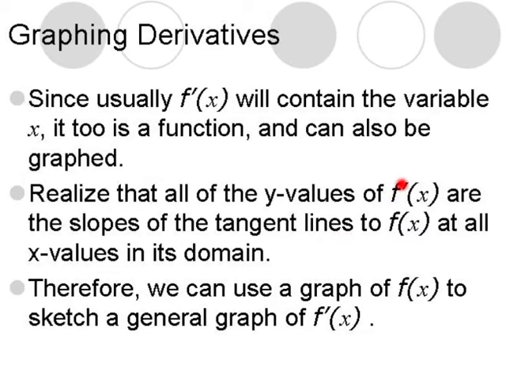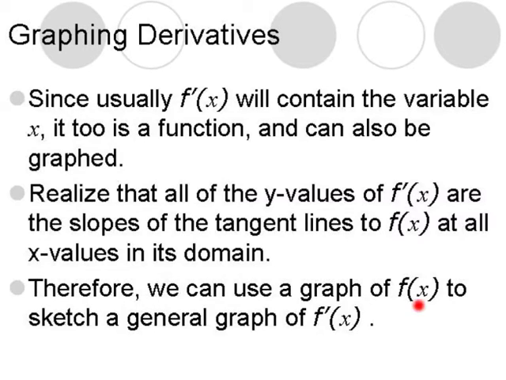If I get f prime of negative pi, then I'm getting the slope of the tangent line to this graph at negative pi. And again, all we have to do is make sure that those x values are in the domain of the function. If they are, then there's going to be a slope of a tangent line there. Maybe sometimes it doesn't exist, but we'll get into those cases.